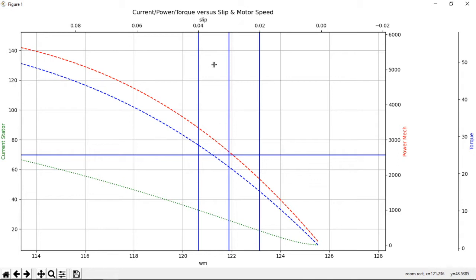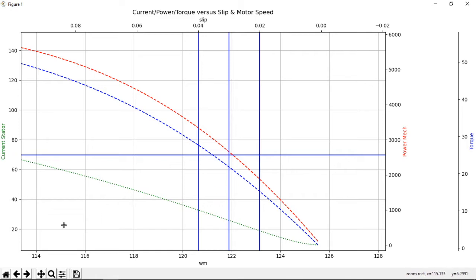What we saw is that if we have a constant torque type load, there's no way we could operate it at a slip of 0.4, but we could possibly at a slip of 0.3, and definitely at 0.2.